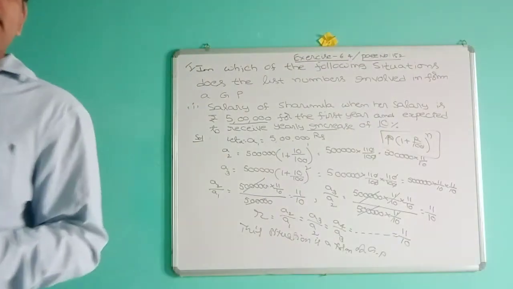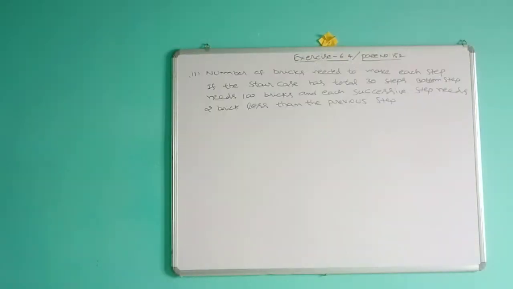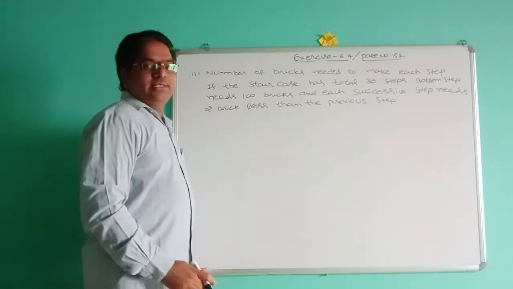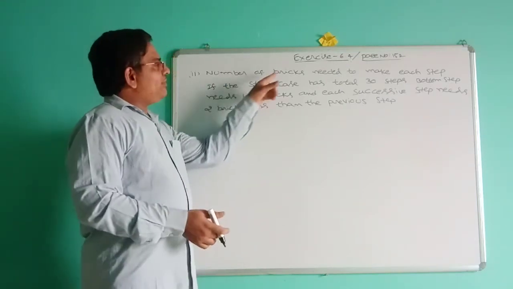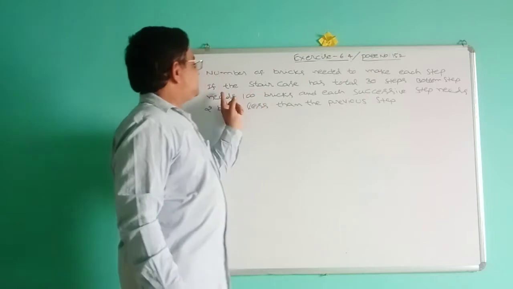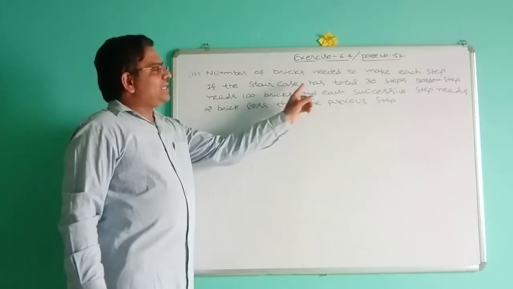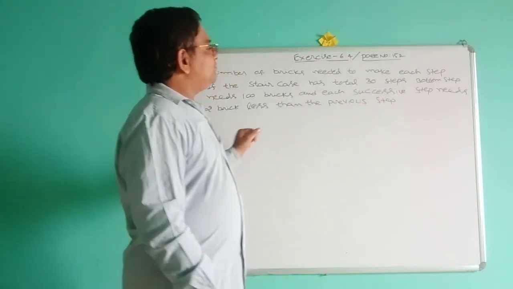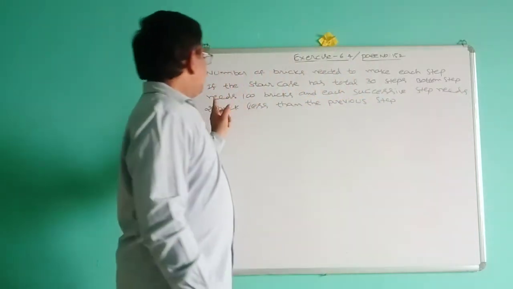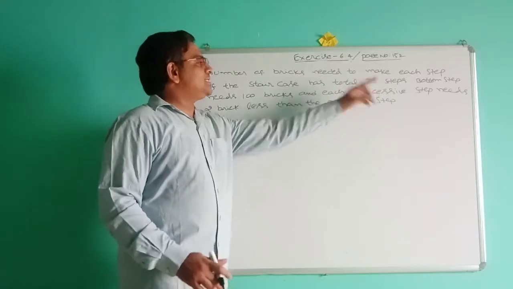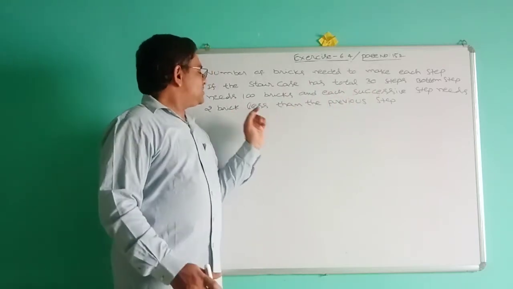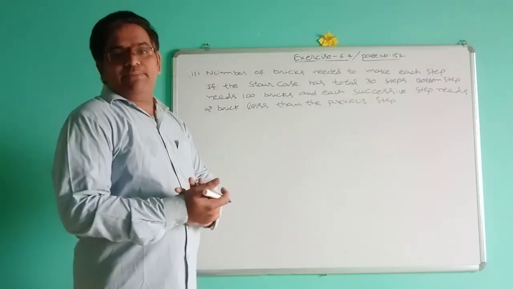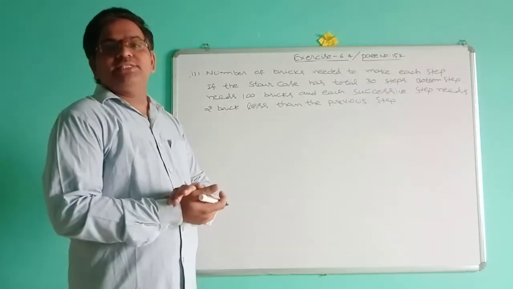Now see the second problem. Number of bricks needed to make each step. If the staircase has a total of 30 steps, the bottom step needs 100 bricks and each successive step needs 2 bricks less than the previous step. Is this situation in the form of a GP or not?